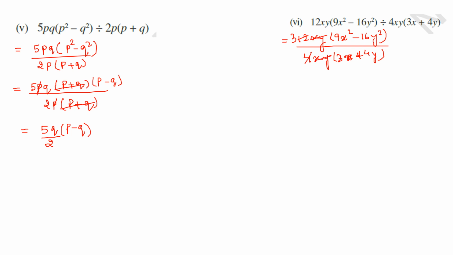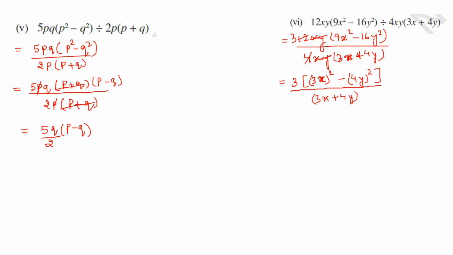In the numerator, you can see here 9x square minus 16y square. Now 9 is a square of 3, 16 is a square of 4. So I can rewrite it as 3 times 3x whole square minus 4y whole square, divided by 3x plus 4y.